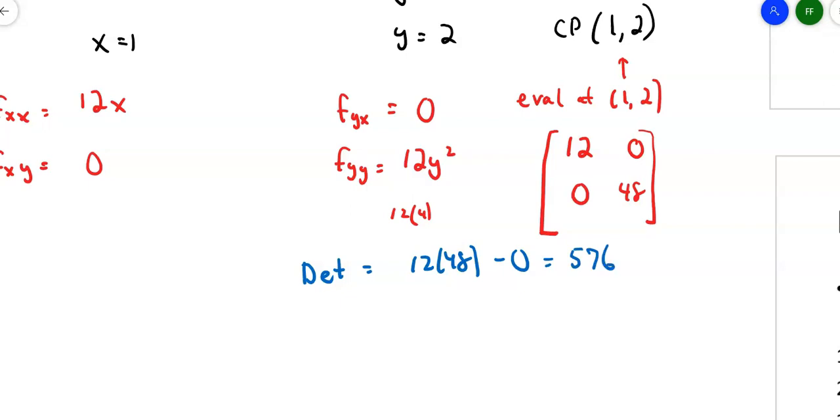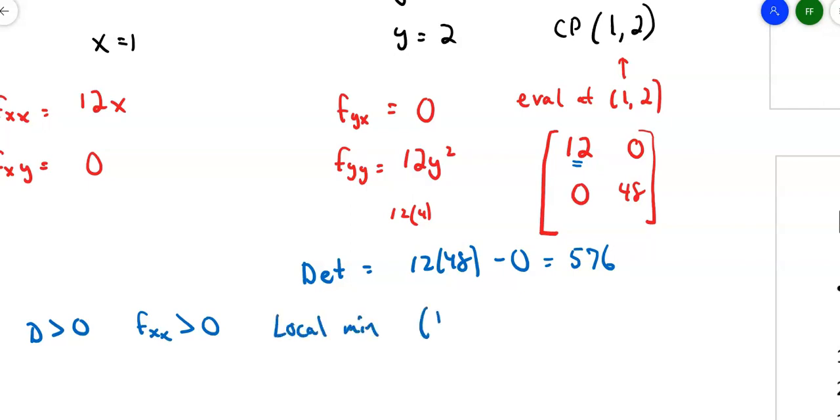Okay. I'm ready to make a conclusion. The determinant is greater than 0. Go to the top left, that second partial derivative with respect to x is greater than 0. So the two positive partials, if you go back to that list, should tell you there's a local min.